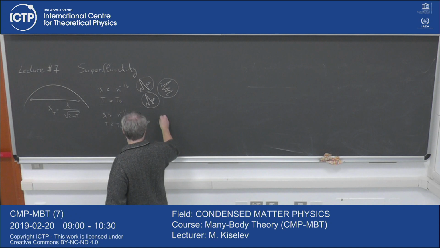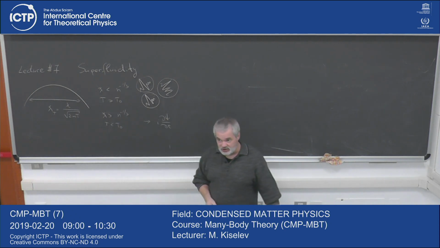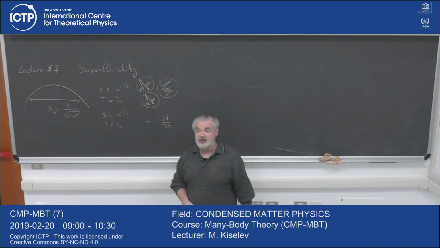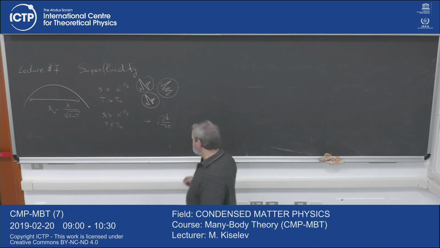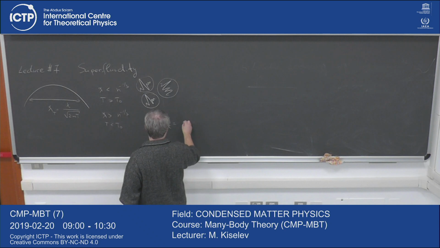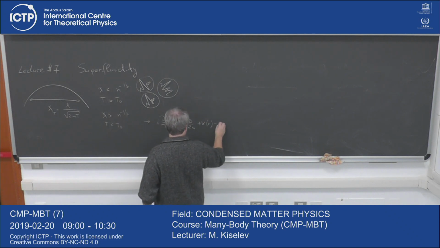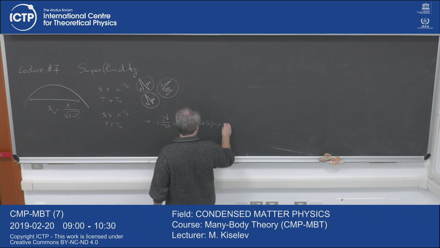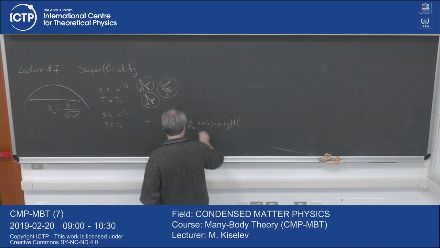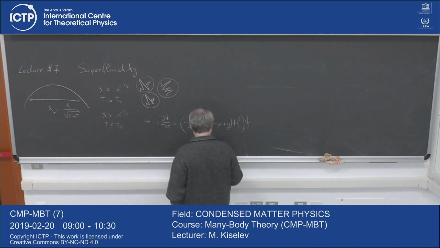So i h bar d psi over dt, which is the equation characterizing the interacting Bose system, is equal to minus h bar squared Laplacian over 2m plus V of r minus mu plus g psi squared times psi.